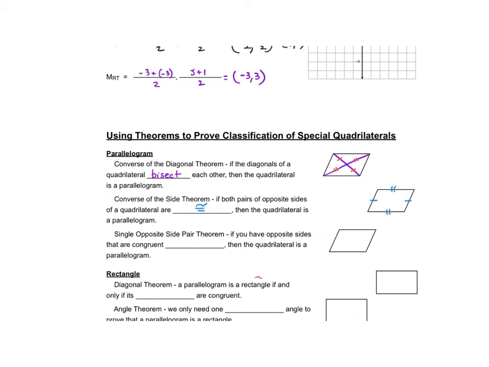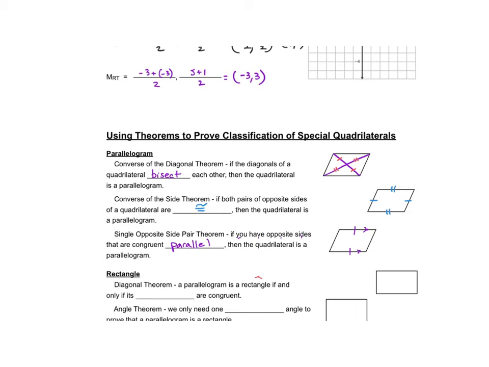And then we have the single opposite side pair theorem. So if you have opposite sides that are congruent and parallel, then the quadrilateral is going to be a parallelogram.